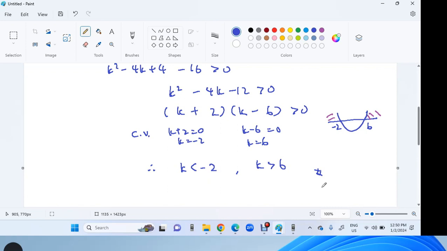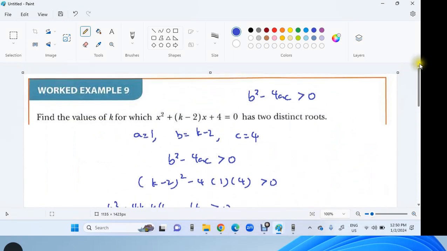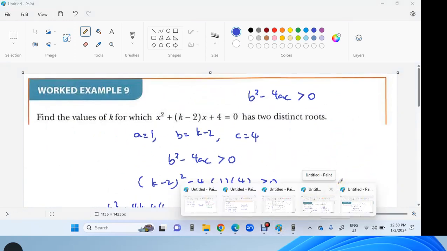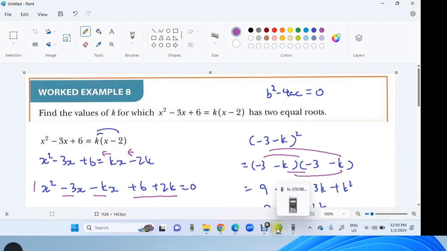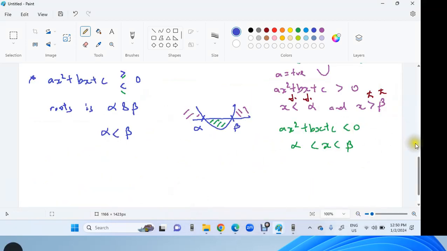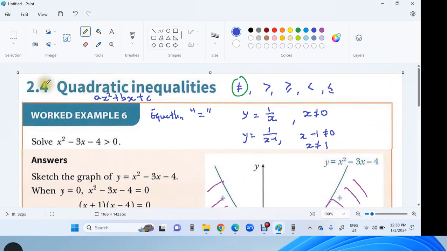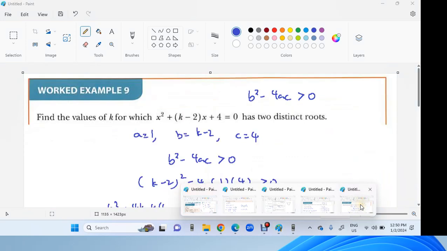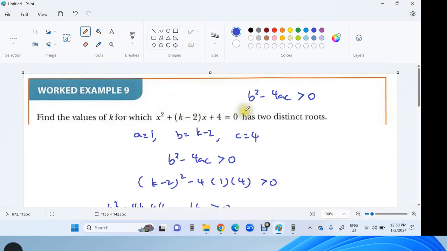Normally in the IGCSE, they will come out with a question in this form: type of roots, two distinct roots, we have b squared minus 4ac greater than 0.